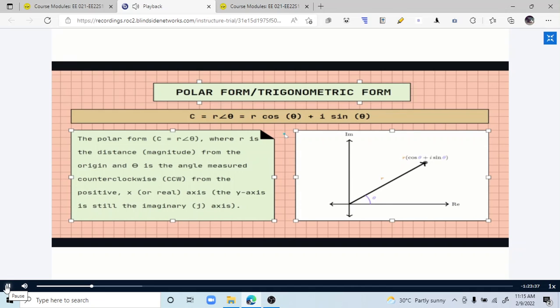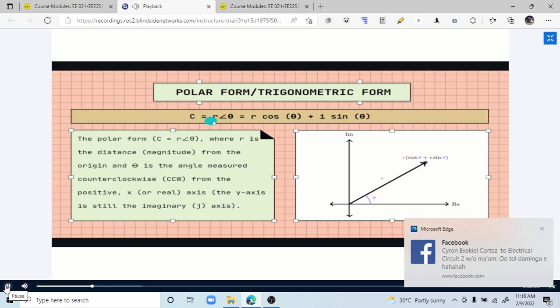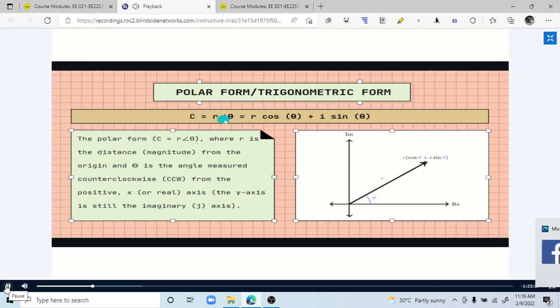Cis is spelled c-i-s. That is equal to this form, because cis is just cosine plus i sine, and cis is the same as the angle symbol. That's why I combined them, because somehow they are the same.